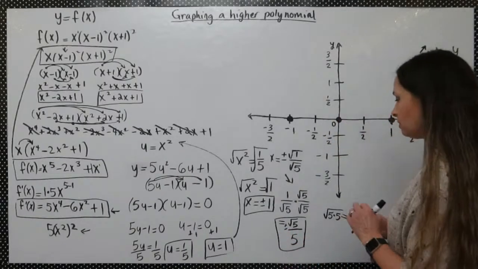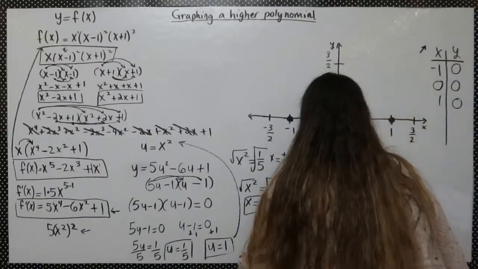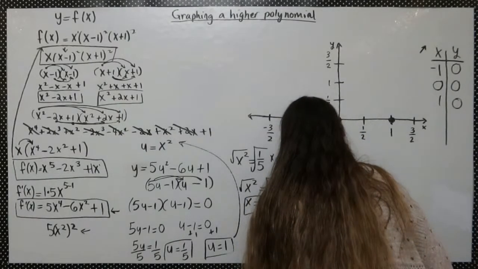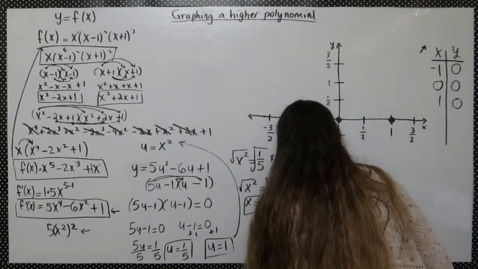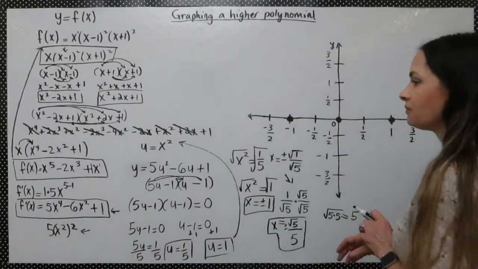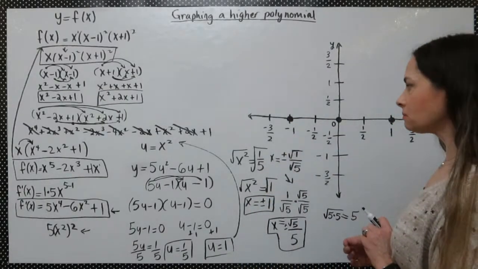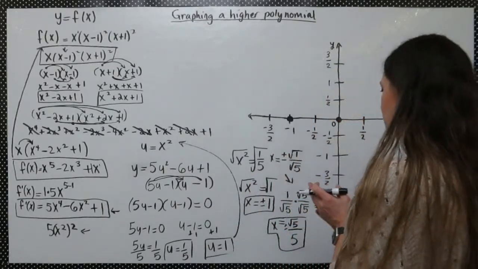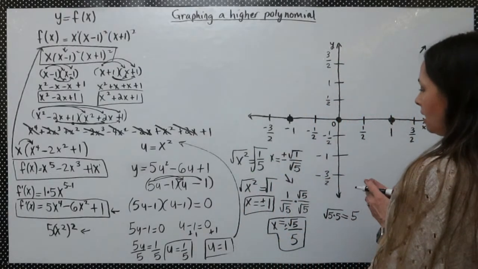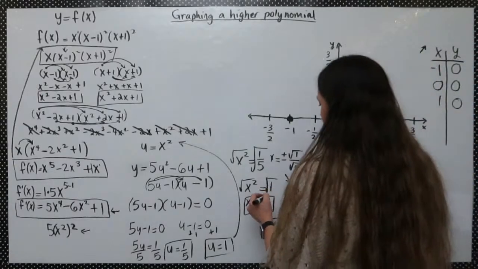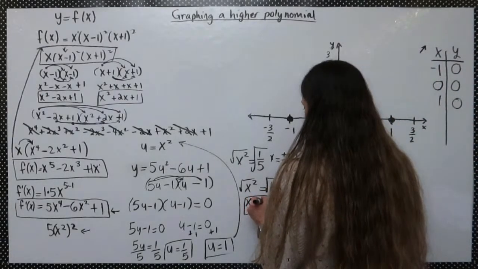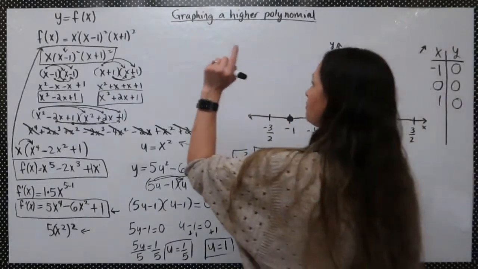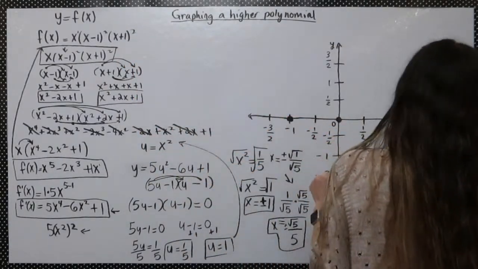Okay, so we've got our x values now on our first derivative, which is very nice, because the first derivative is telling you critical points on your graph. That's specifically what it's doing. So I knew about these because it was in factored form already.